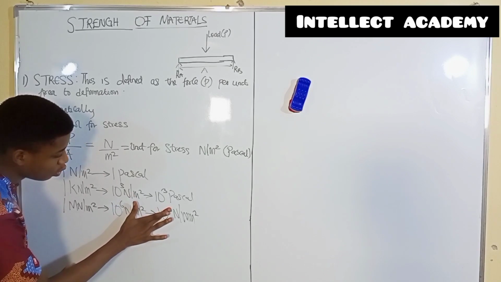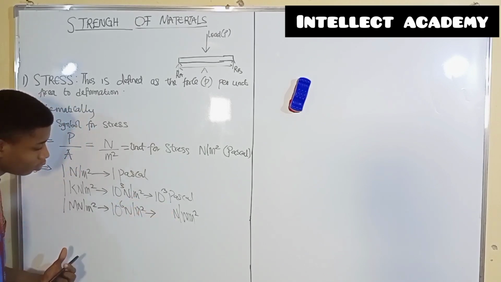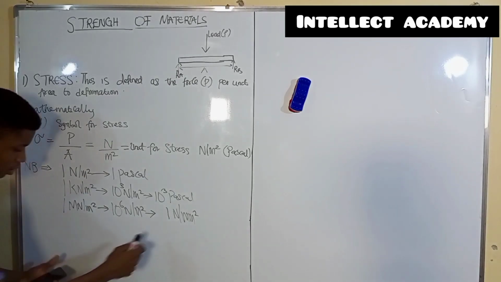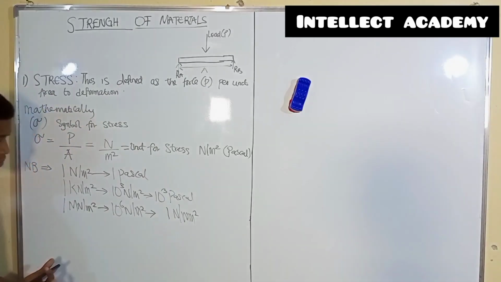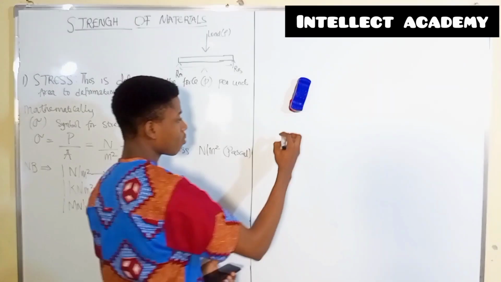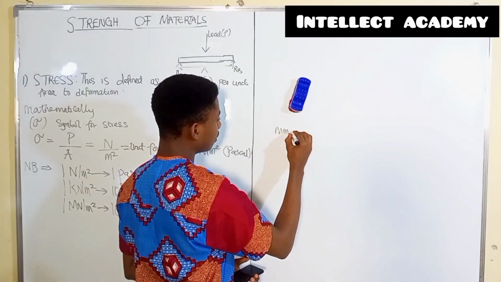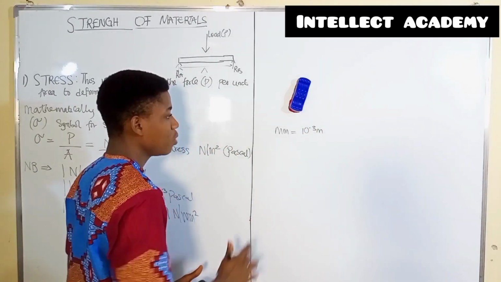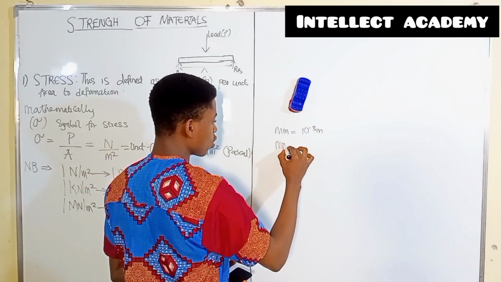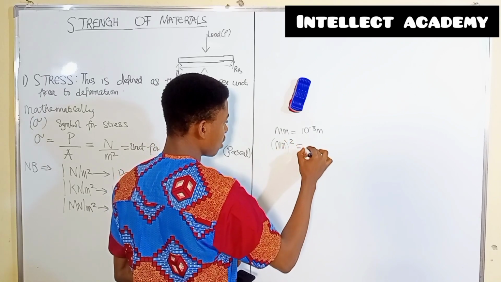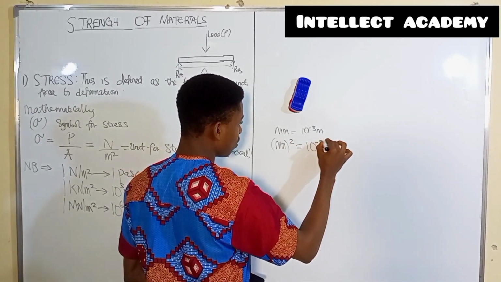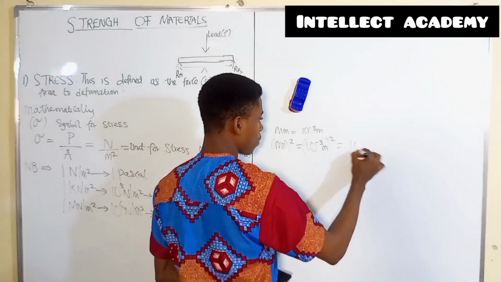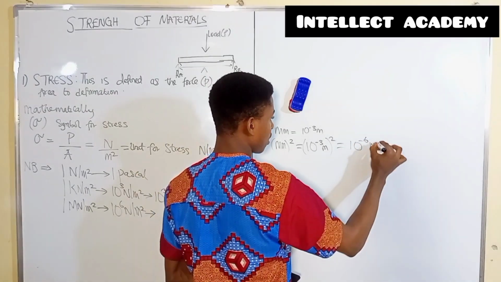So we can quietly leave this as 1. Now, let me explain this scenario. Take note that a millimeter is 10 raised to the power negative 3 meters. So if we square this, millimeter square is the same thing as 10 raised to the power negative 3 meters all square. Now this is 10 raised to the power negative 6 meter square.